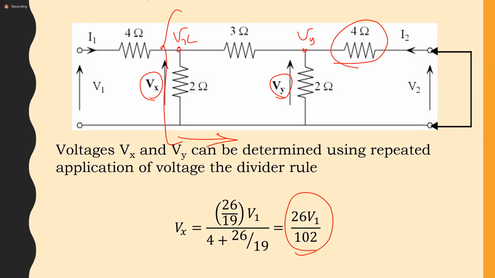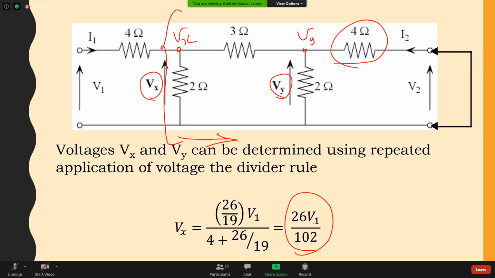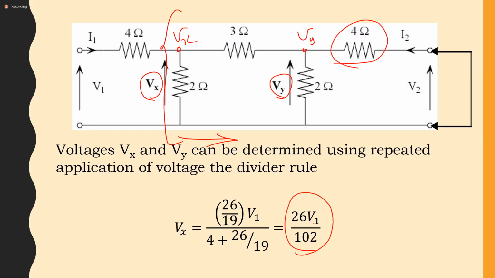We can also find, everybody comfortable with this? Now, Vx is across there, but it is also the voltage across that section of the circuit.